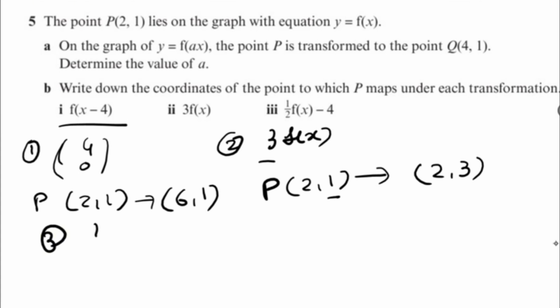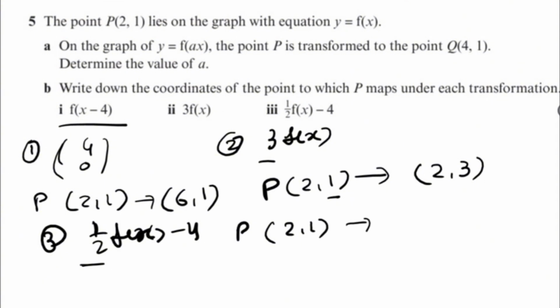Third function is half of f(x) minus 4. Now here two transformations are there. So which one do we have to do first? First we will do the half. So our point P is (2, 1). The half is outside, which means the y coordinate is multiplied by a half. So it becomes (2, 1/2). And then minus 4.